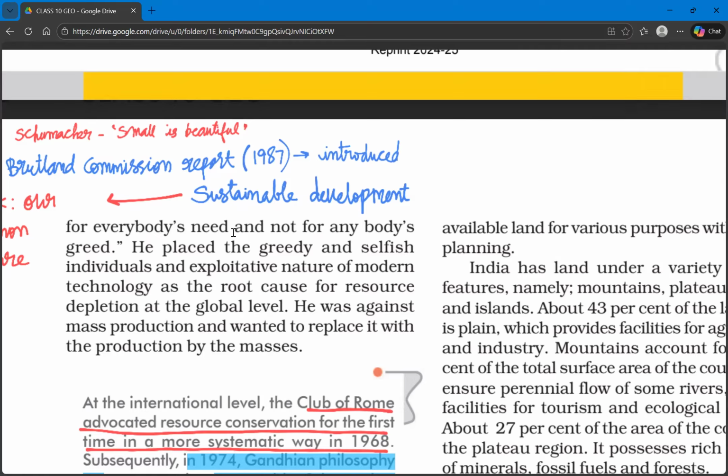So, what were the causes of depletion at the global level? Greediness and selfishness of individuals and the exploitative nature of modern technology. And he was against mass production and wanted to replace it with production by the masses. So, he wanted production taken up by the people, like handmade production, but not mass production.